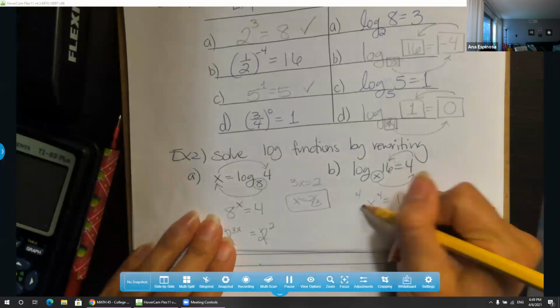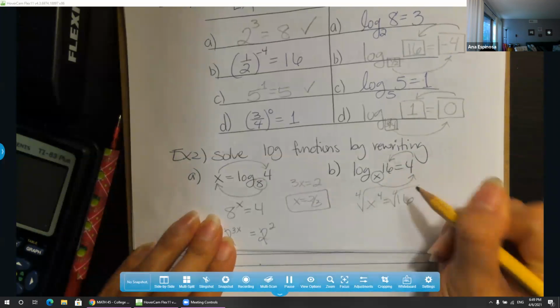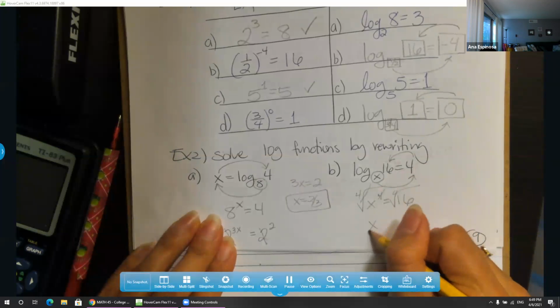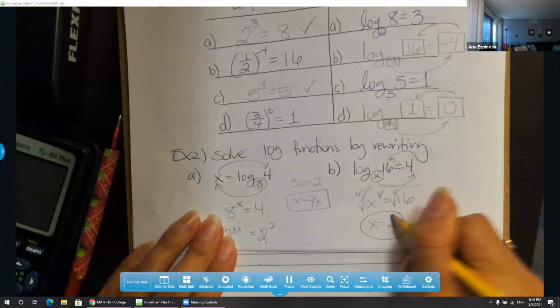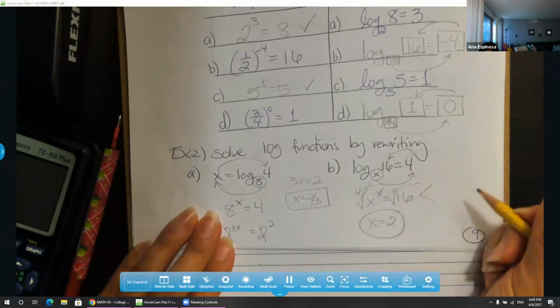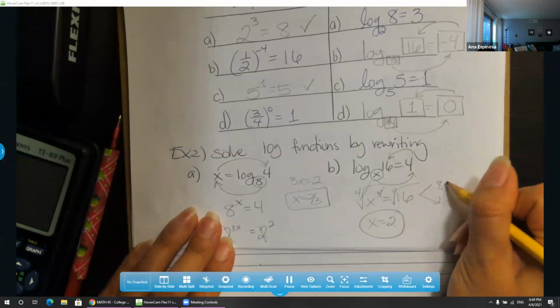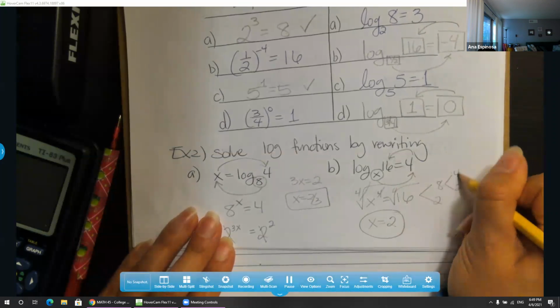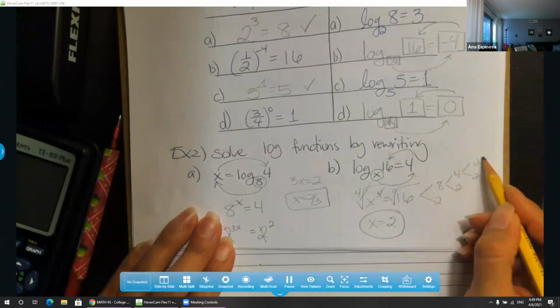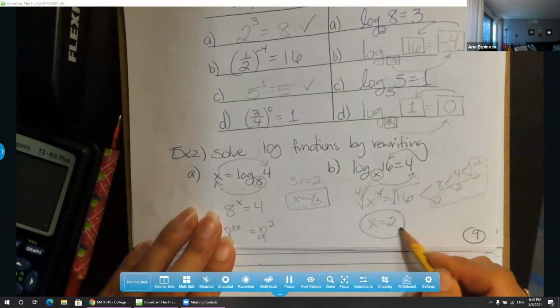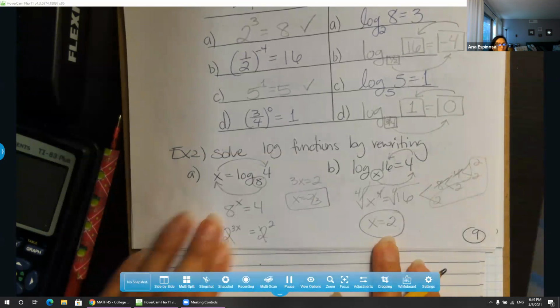So what I would do is I would take the 4th root of 16, which should be 2. How do I know? I split up the 16. 2 times 8, 2 times 4, 2 times 2. For every 4 of the same kind, I take 1 copy out. That's how I get 2.